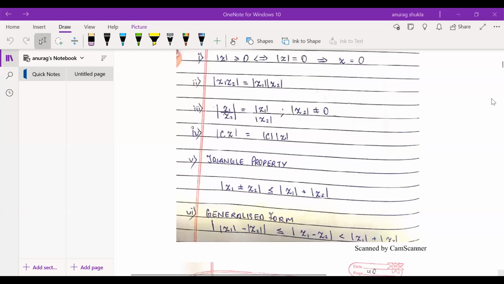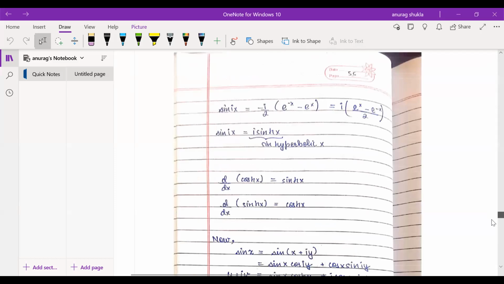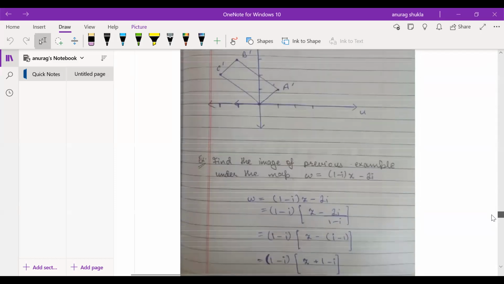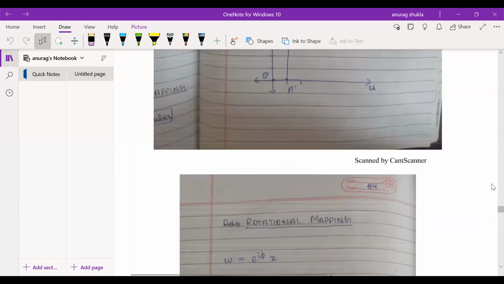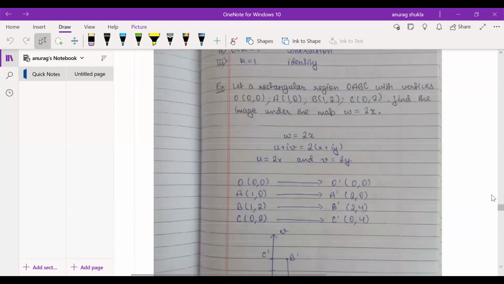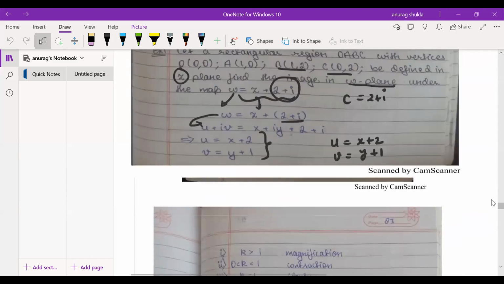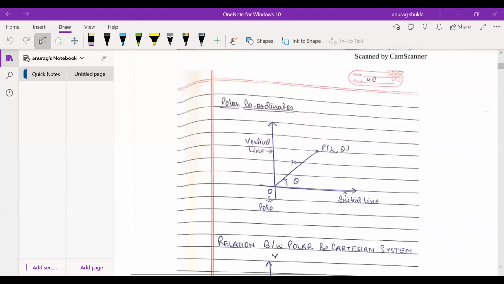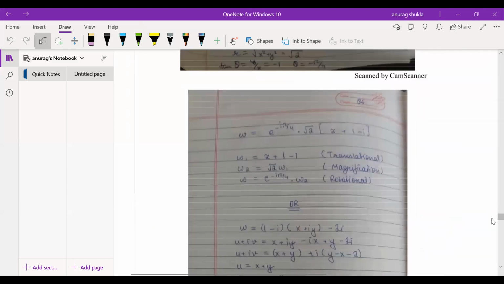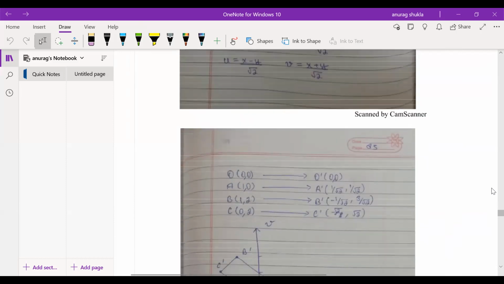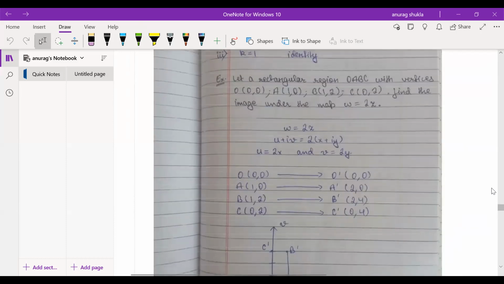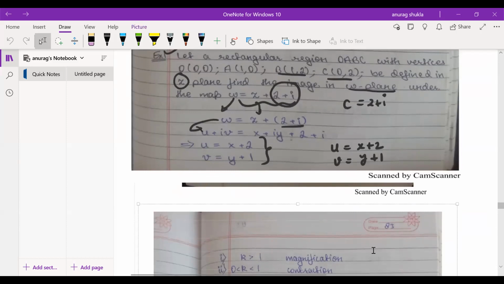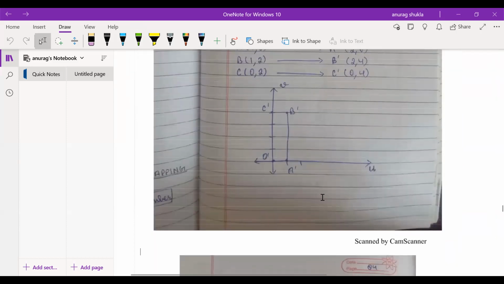If the value of k is greater than 1, then this mapping is called magnification. If the value of k is less than 1 but greater than 0, then this is called contraction. If k equals 1, then this is called the identity mapping.